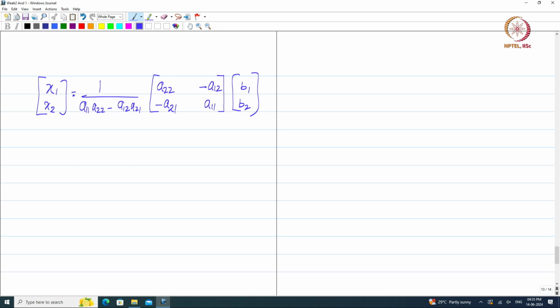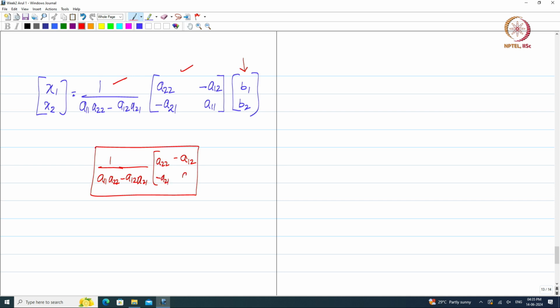Now, this looks like a matrix. You have this matrix here, you have some scaling here, and then you have this of the form B. So, what we see is, this is going to be 1 by a11 a22 minus a12 a21 into this matrix, which is a22 minus a12, minus a21 a11.